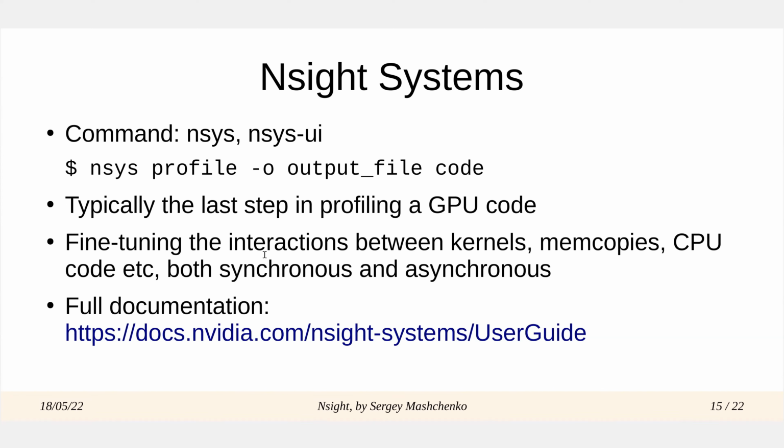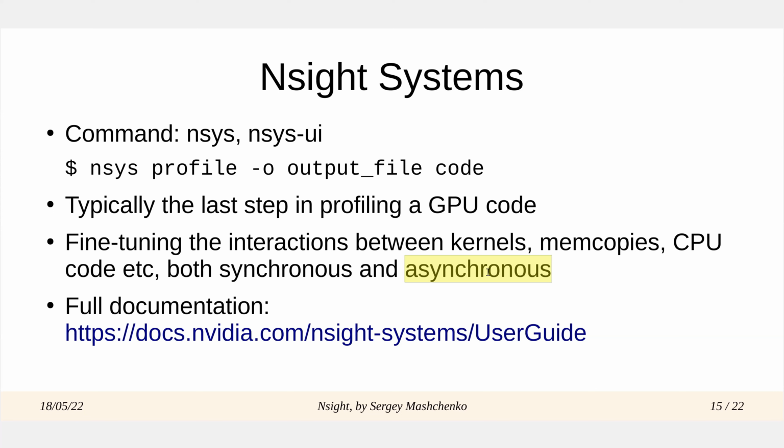And Nsight Systems is for fine-tuning interactions between things which presumably at this point are fairly well optimized, like kernels, memcopies, also CPU threads, multiple GPUs, and the power comes in when it comes to asynchronous execution of asynchronous elements. For example, you can profile multiple things running on the GPU, as I will be demonstrating with my example code.